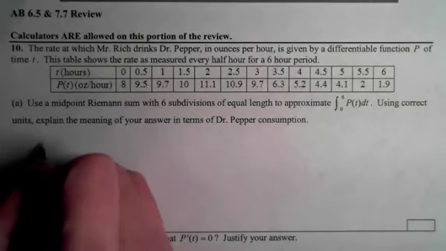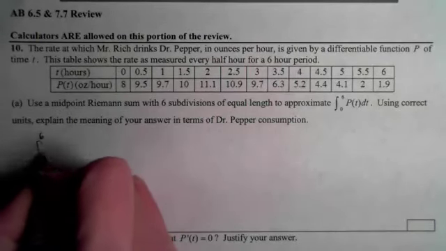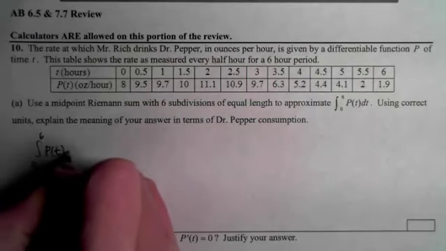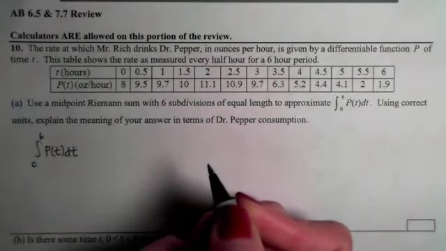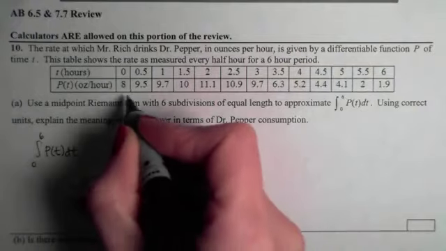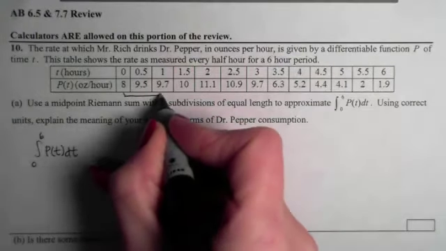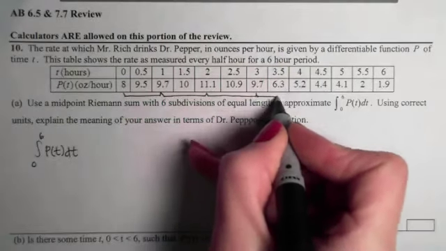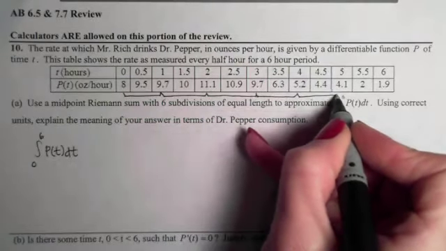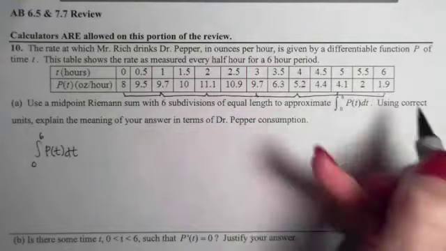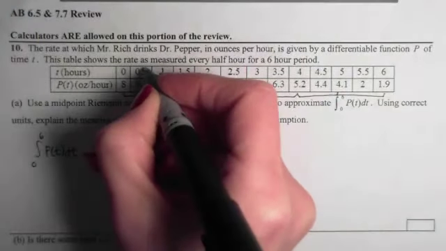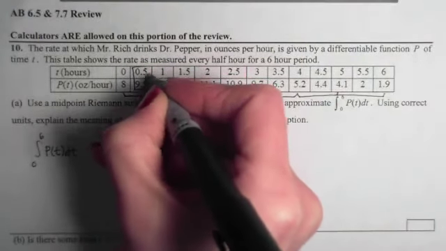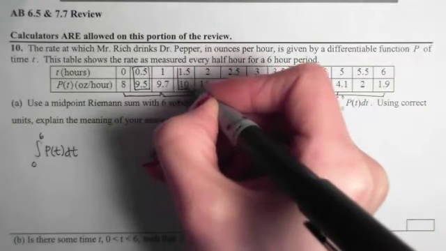So we want to accumulate from 0 to 6, and we want to use midpoints with 6 subdivisions. So it looks like we're going to do 1, 2, 3, 4, 5, 6. So the midpoints are going to come from these middle ones.